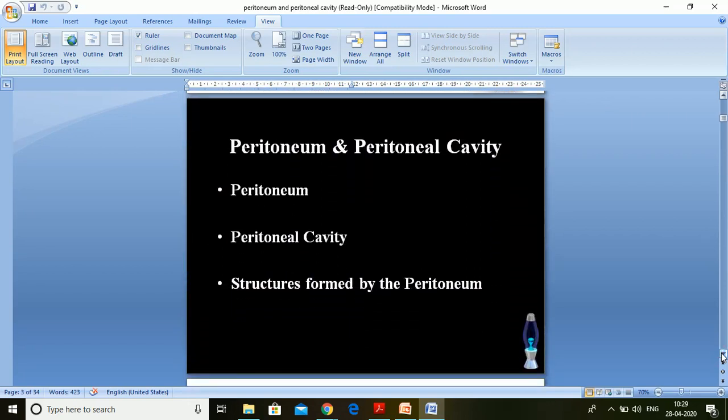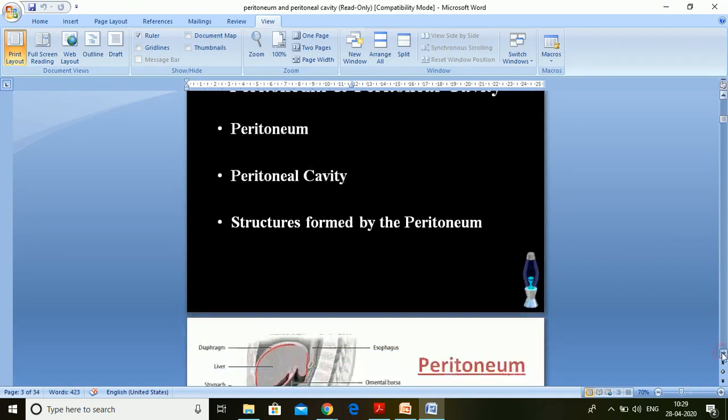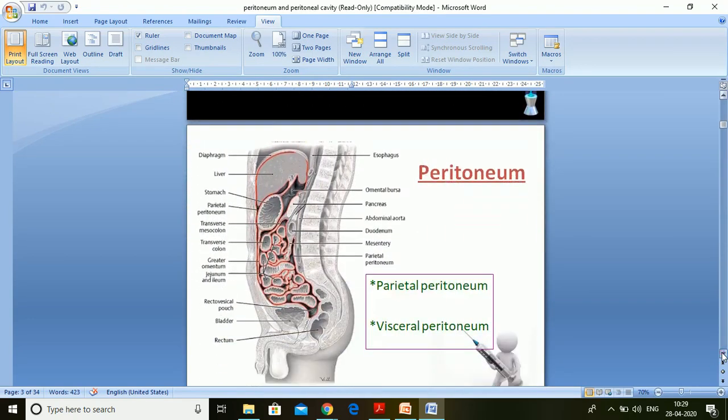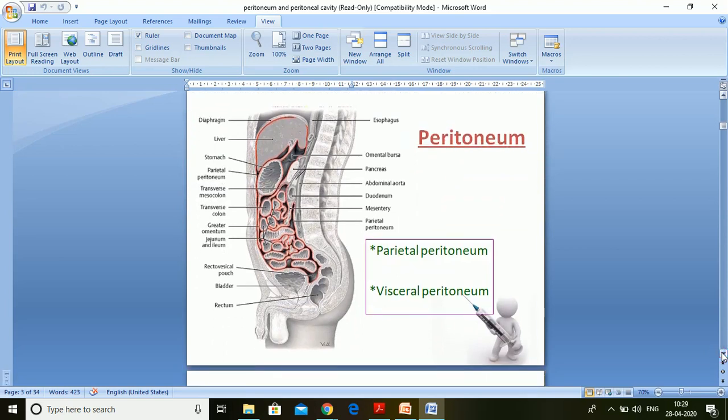The peritoneal cavity we will study under three headings: the peritoneum, the peritoneal cavity, and structures formed by the peritoneum. The peritoneum is basically two layered: the parietal peritoneum and the visceral peritoneum. So this is a cross section of the abdomen where the liver, this is the stomach, and this is the pancreas on cross section, the duodenum, and the location of the transverse colon.